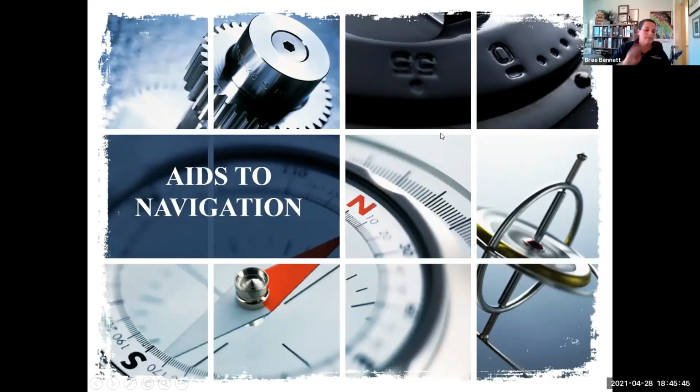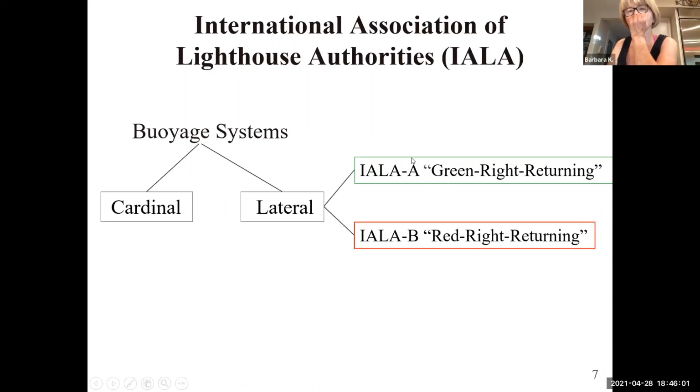So let's dive into aids to navigation, so we can get into our plotting, because I know we all want to practice our plotting tools. Okay, so we are going to start with, we have 2 buoy systems. We have cardinal systems and lateral systems.